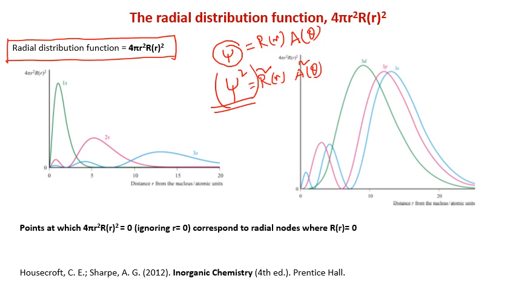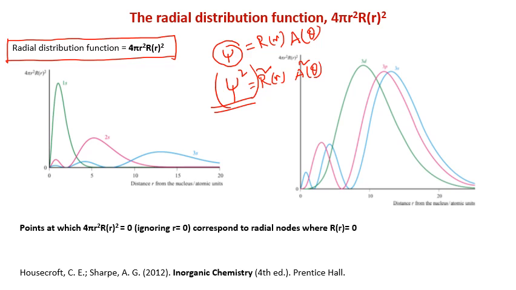So each function, 1s, 2s, 3p, 3d, you can see over here, each function is 0 at the nucleus, following from the r square term, and the fact that it all starts at r is equal to 0. Since this function depends on capital R squared, that is the radial function squared, it is always positive.